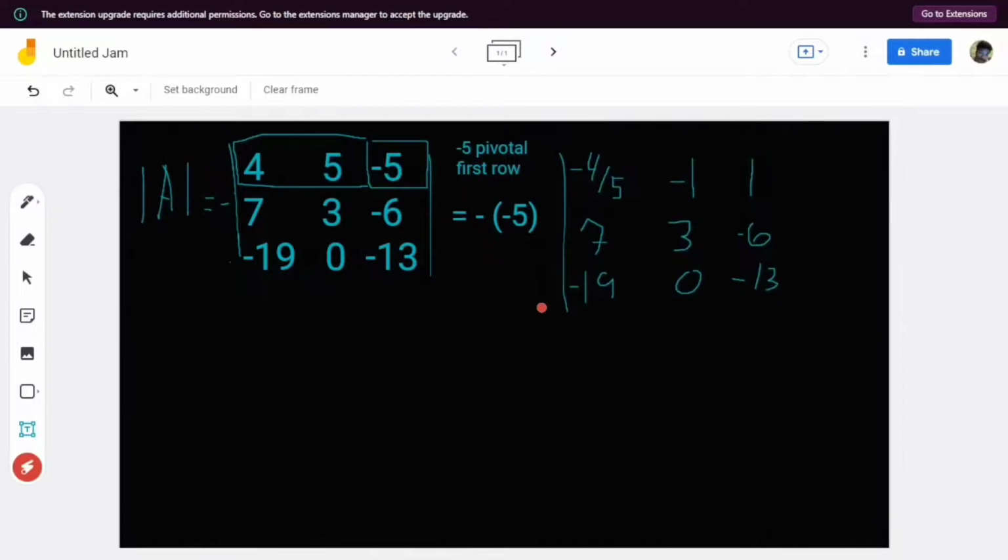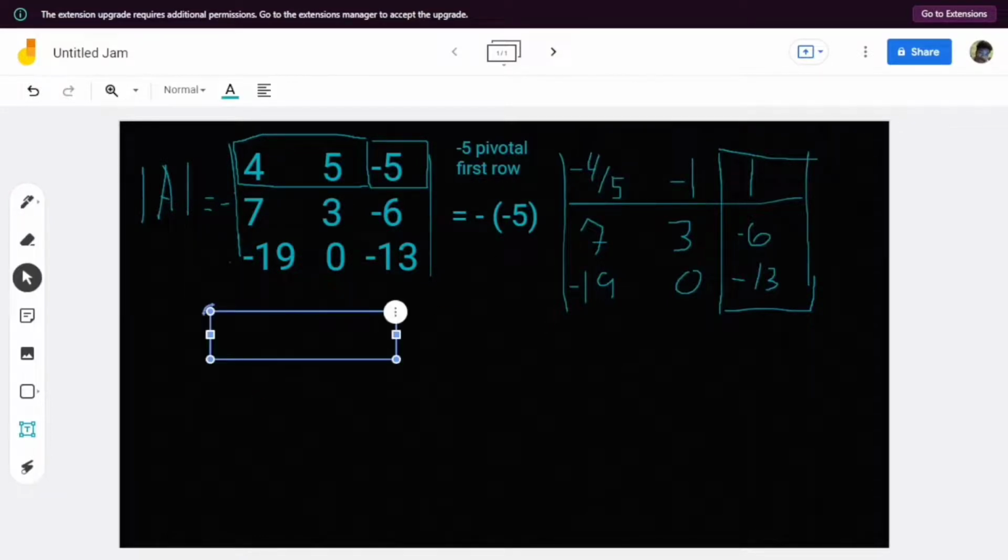And again, the pivotal element that I'll be choosing is going to be in the first row and the third column. Next is to cross out the first row and the third column. So you have positive 5 multiplied by, do not forget the negative 1 sign, raised to the position of your pivotal element.